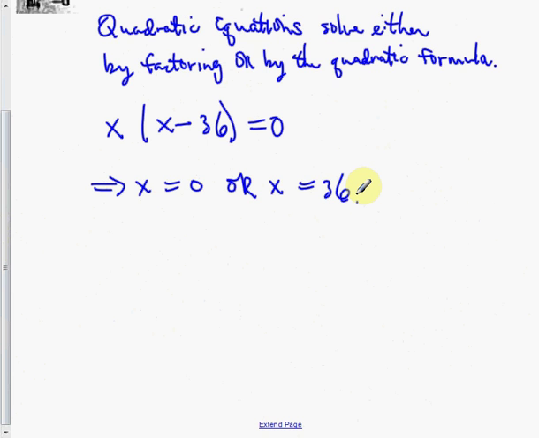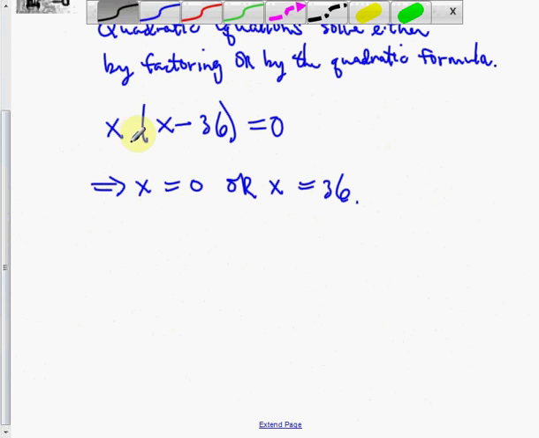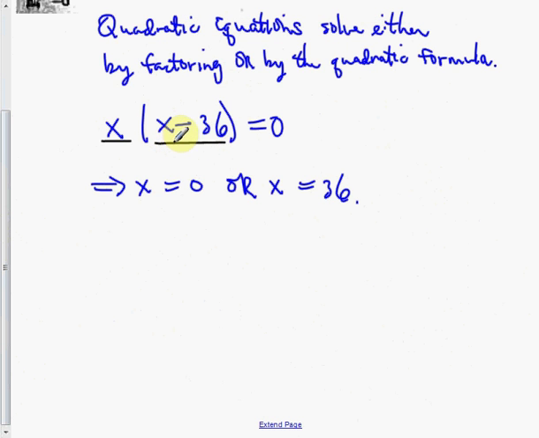Right? Do you see that? If it's x times (x minus 36), either x is equal to 0, right? Or x minus 36 equal to 0. So you get x equal to 0 there, or we get x equal to 36.